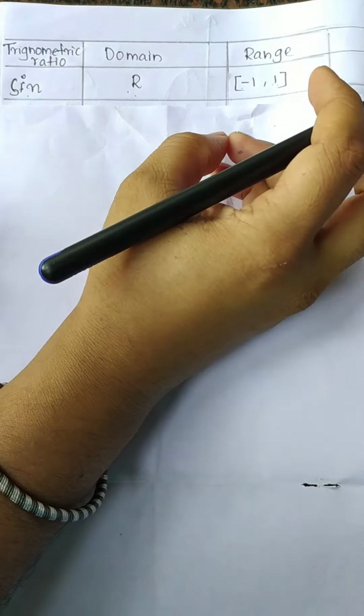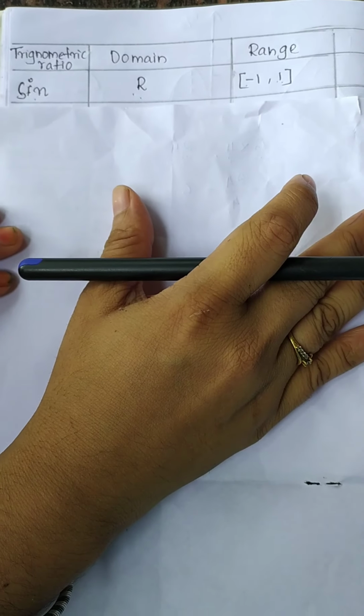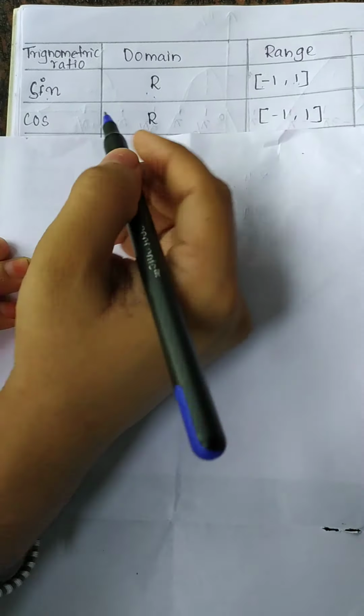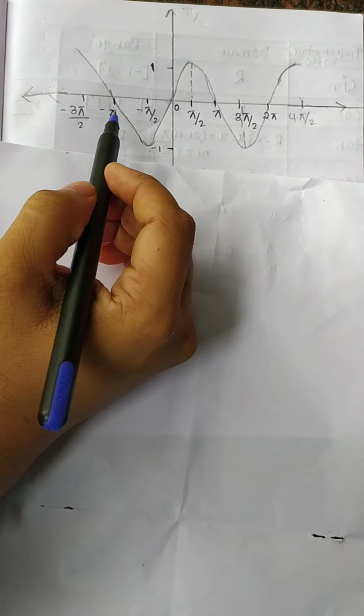Then what is the next trigonometric ratio? The next is cos. Its domain is the real numbers, and its range is again -1 to 1. I have already shown the sine function's wavelength. What is the highest value?